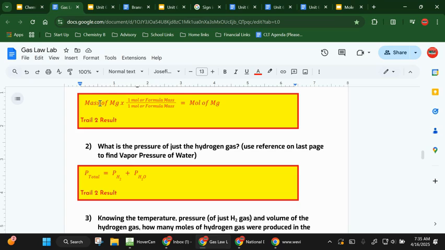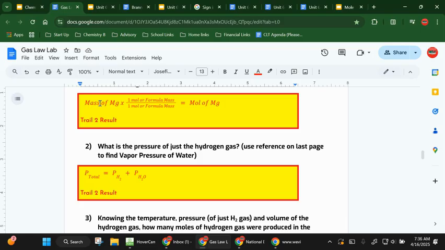Okay? In number 2, ladies and gentlemen, pay close attention here. I'm helping you out with your questions. When we collect a gas through water, one of the things that happens is some of the water evaporates, vaporizes, however you want to describe it. Meaning some of the water turns into a gas. So the gas that we collected in the top of the tube, when it was like this, ladies and gentlemen, that gas was not just the hydrogen gas. It was also some water vapor.